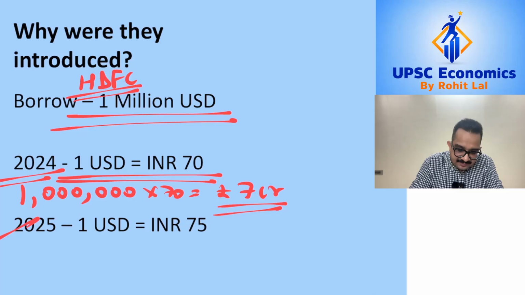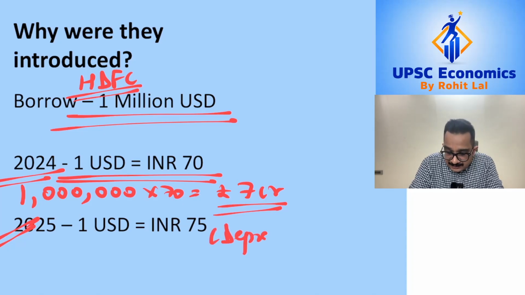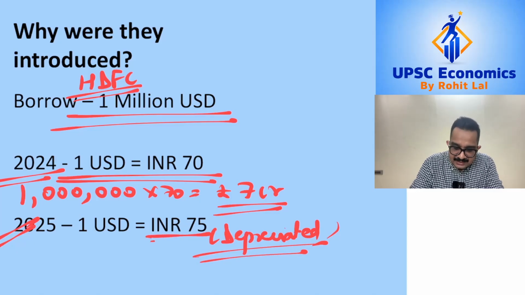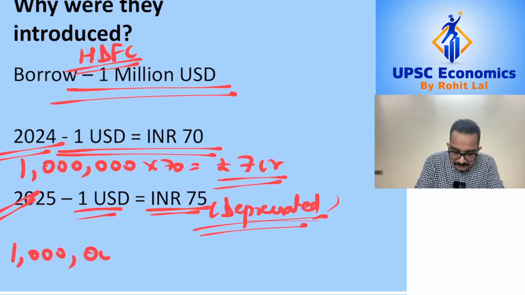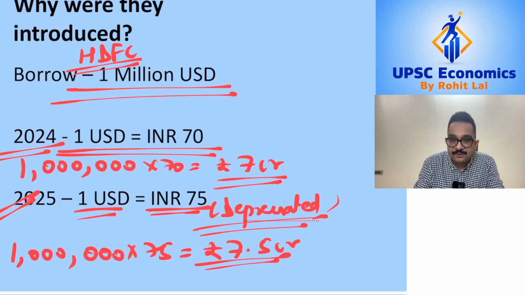Now let's say HDFC Bank decides to pay back that amount in 2025. However, in 2025, the rupee has depreciated against the dollar and now the rupee is 75 against the dollar. So in order to pay back that 1 million USD which HDFC Bank had borrowed, it will have to pay back 1 million into 75, that is 7.5 crore rupees.